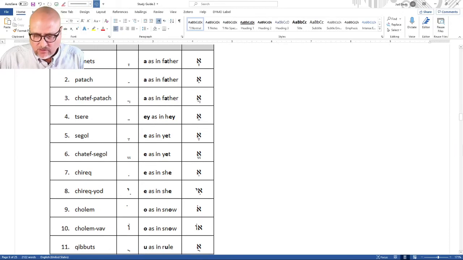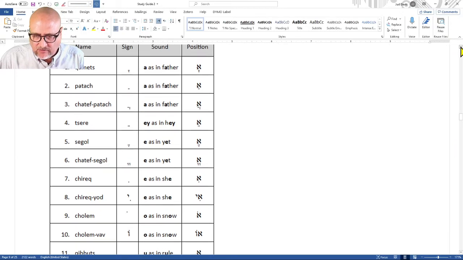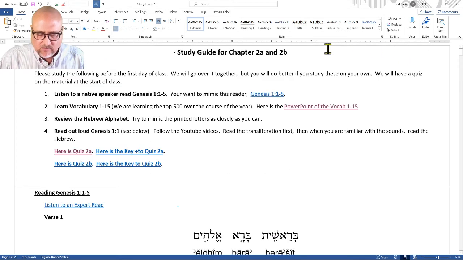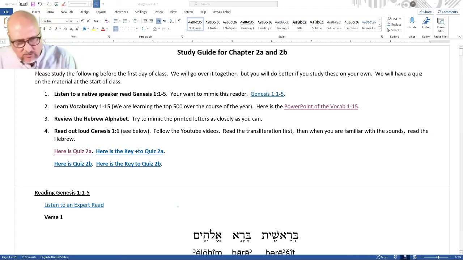If we perfectly studied, what are we trying to do? Get better at reading the text. Right. So we want to get where we can read anything in those first 5 verses.